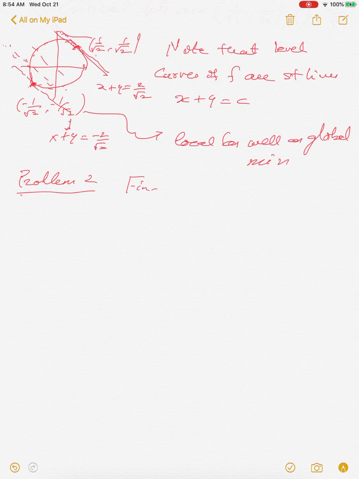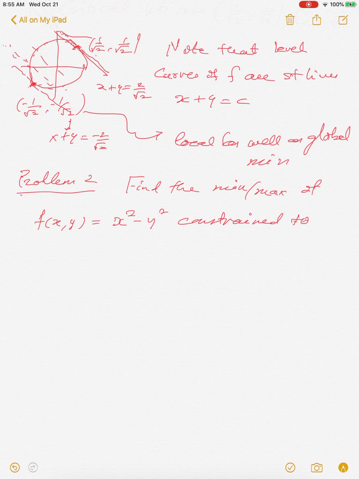So find the mins or max of, let's take f(x,y) to be x² − y², constrained to satisfy x² + y² = 1.